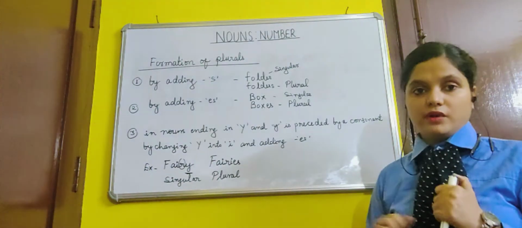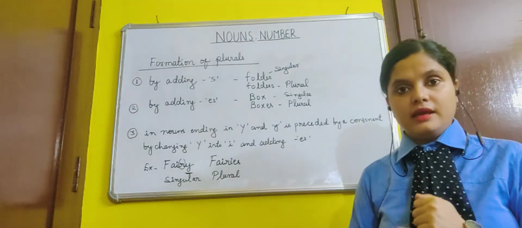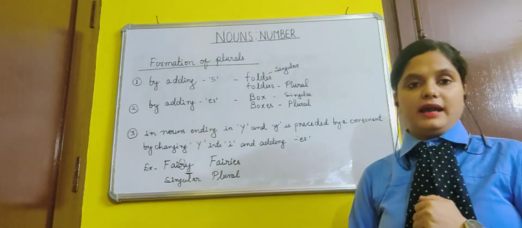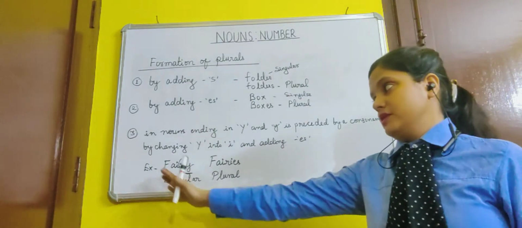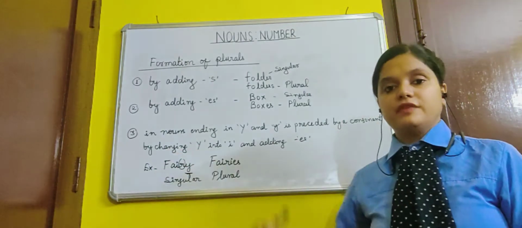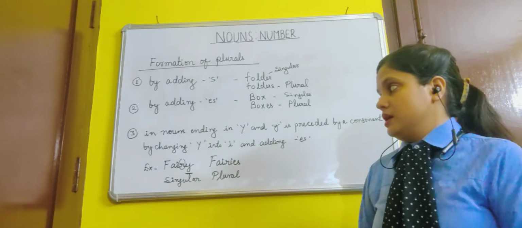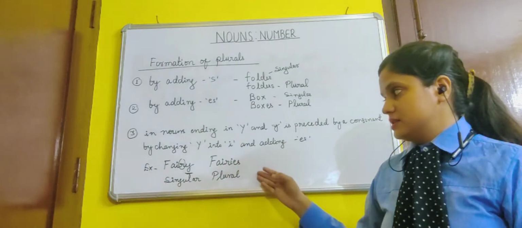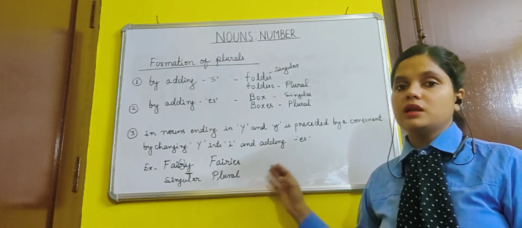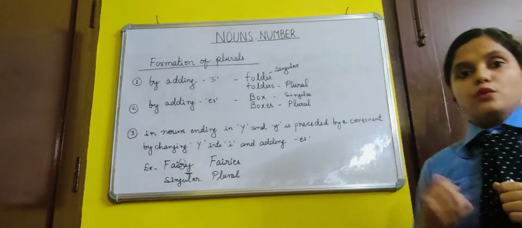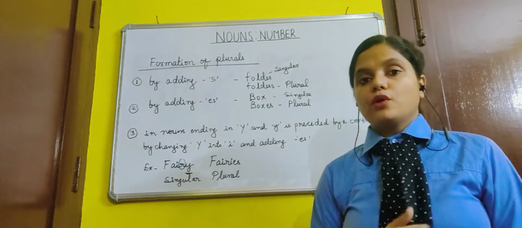And in words which end in y, we change y into i and add es, like we did with fairy. So the word fairy is singular and fairies is the plural of it. And there are a few more rules that we will understand.